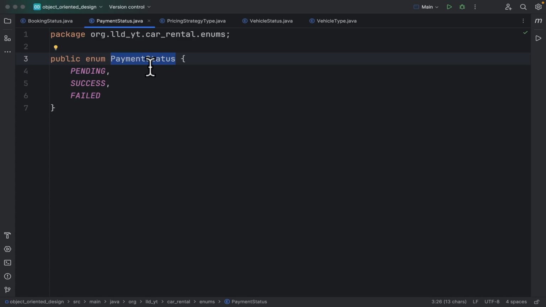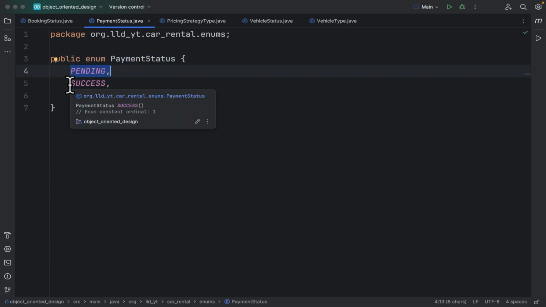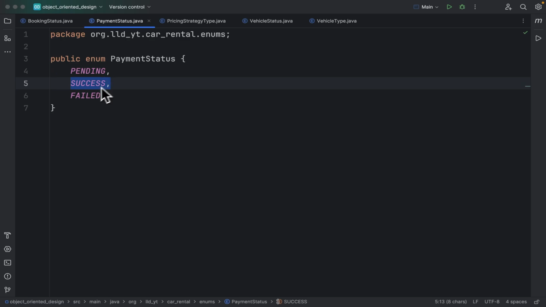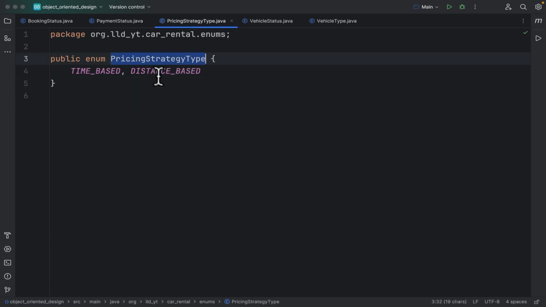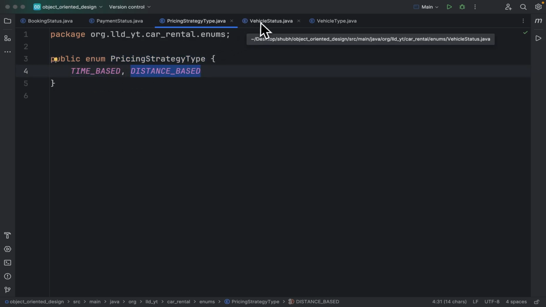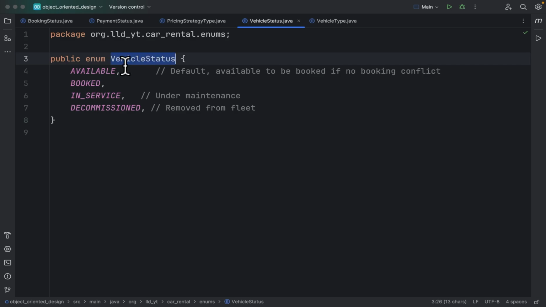Then comes the payment status. The payment would initially be in the pending state, and if it is successful, then it goes into the success state, else it goes into the fail state. Similarly, the pricing strategies are of two types. The first is time based, the second is distance based. The vehicle status would be available. Okay, it could be booked.